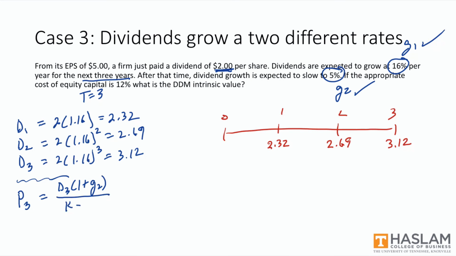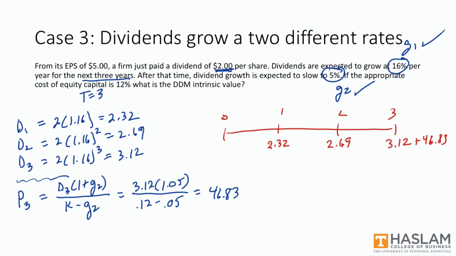In the denominator we have k minus g2 because it's a stable growth situation thereafter. Inserting the numbers, we have in the numerator 3.12 times 1 plus 5%. In the denominator we have 12% minus 5%. This gives us 46.83. Put the 46.83 on the timeline as well. We'll go ahead and write the plus there, so we'll remember that this is also a time 3 cash flow.